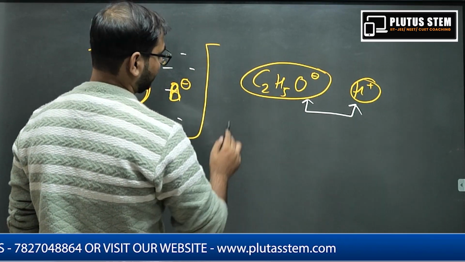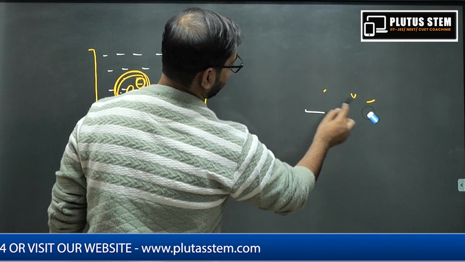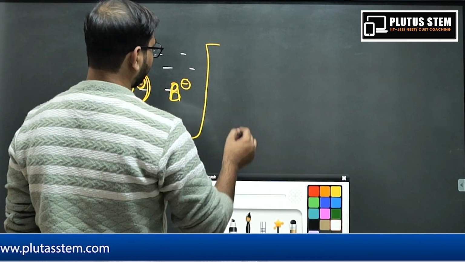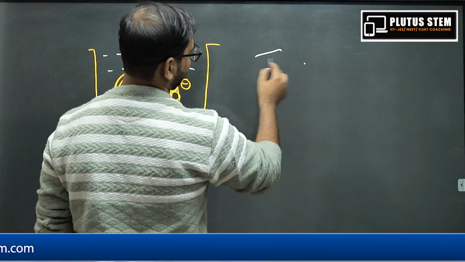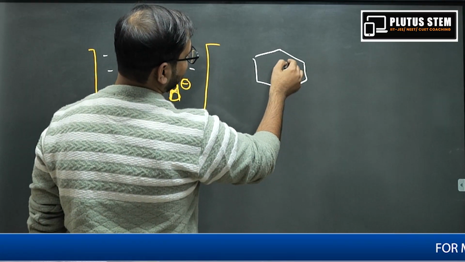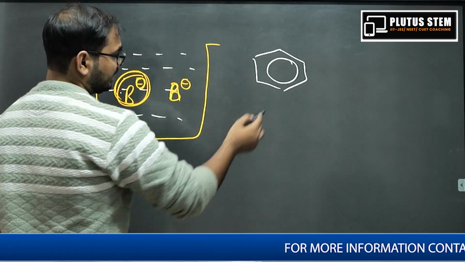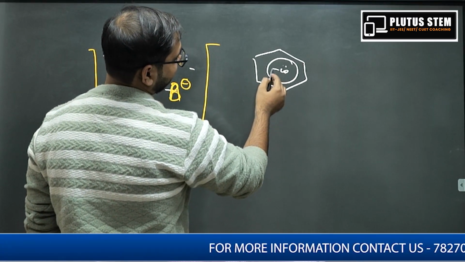If you are taking solvents with different properties, for example, benzene, since benzene contains pi electron density, that means this is also a negative charge.